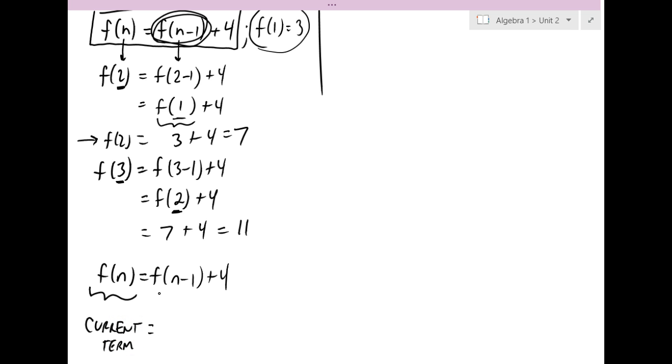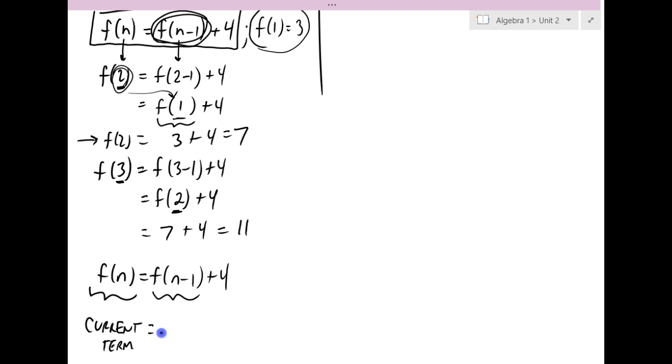is equal to this. What would be a word to describe this? If f of n is the current term, what is f of n minus 1? What did we do up here in the problem? When we wanted f of 2, we needed f of 1, which is the one that comes right before it.